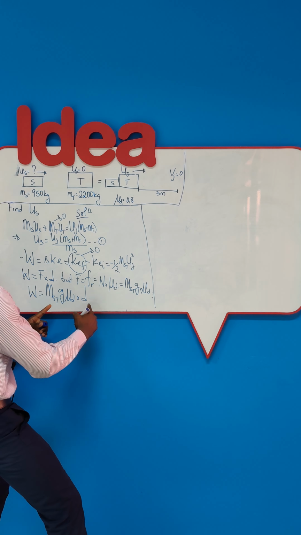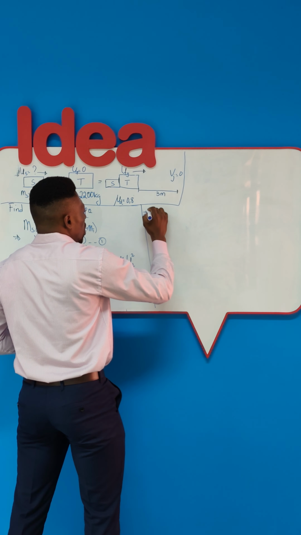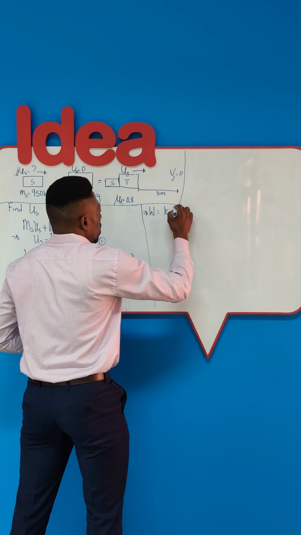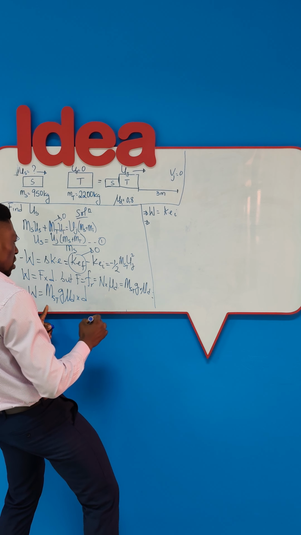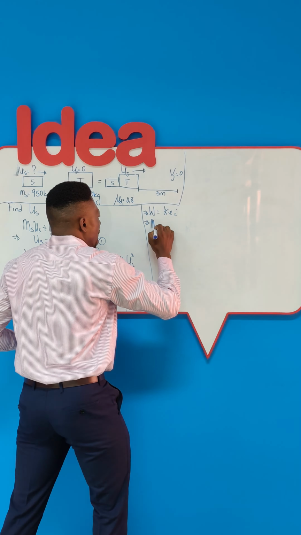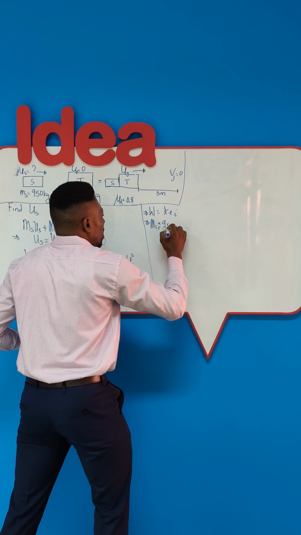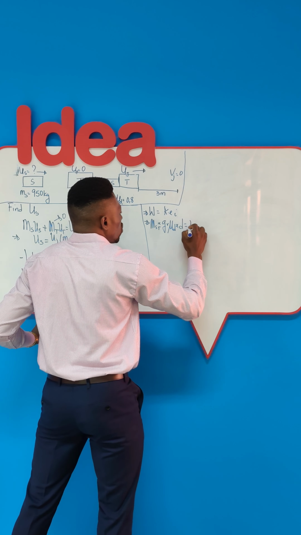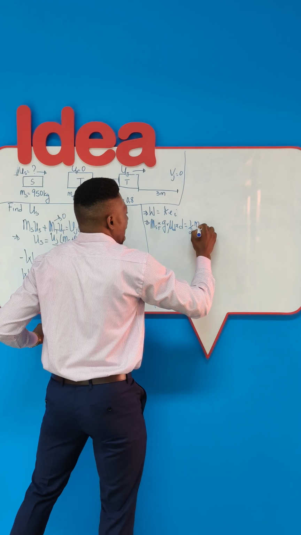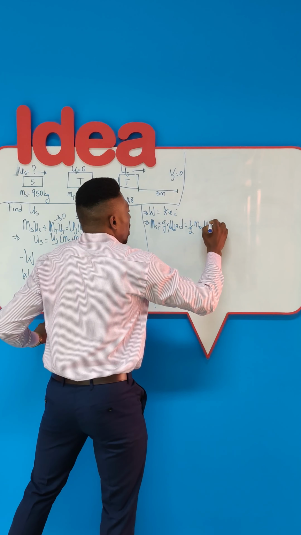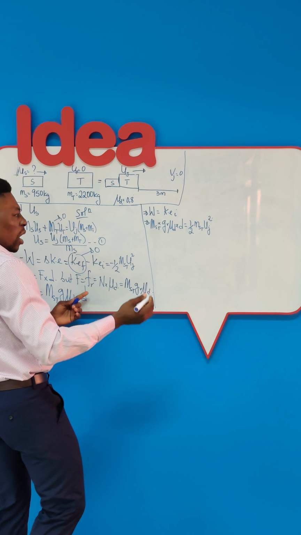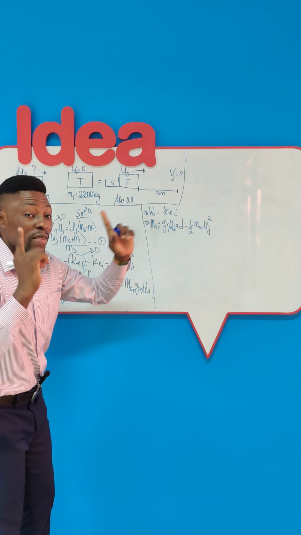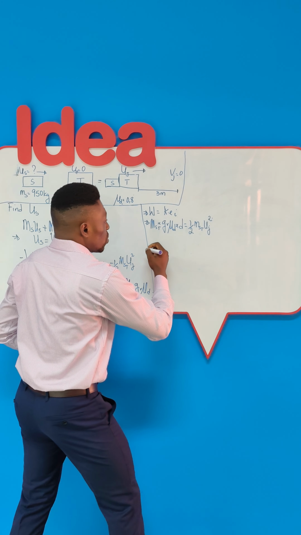Okay, so let us now apply this. This means that work is going to be equal to initial kinetic energy. The implication of this is that the mass of the sports car and truck times g times mu d times the distance moved should be equal to half the mass of the sports car and truck times Uj squared. What are we looking for in all of this? We are looking for the joint velocity of these two cars.